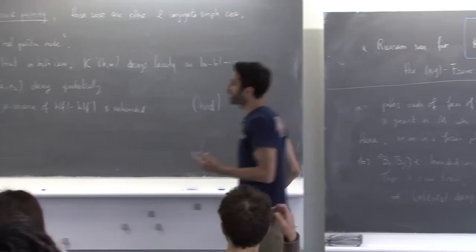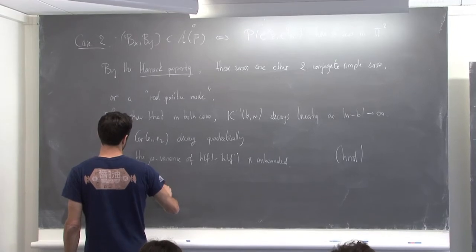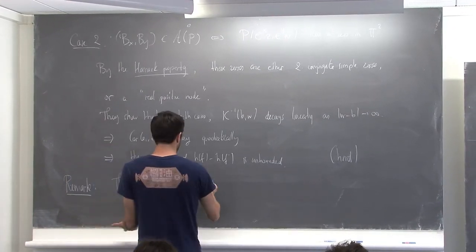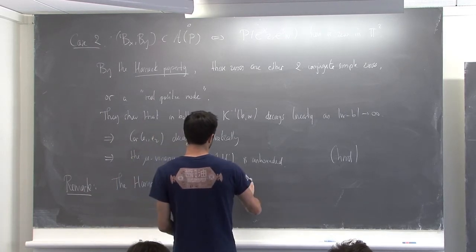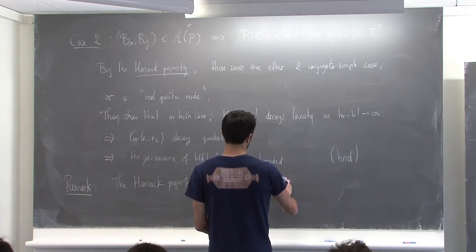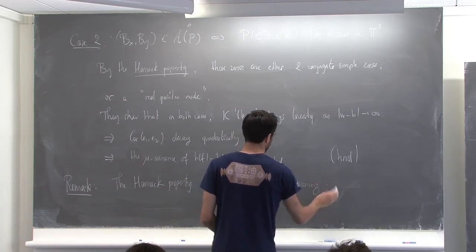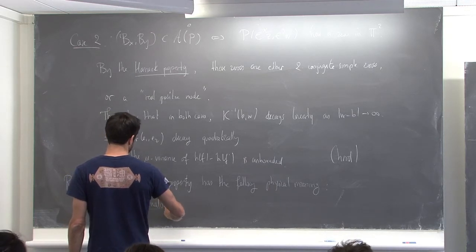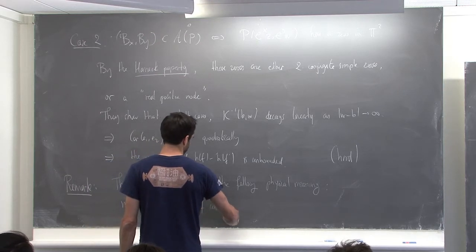So actually, it means that the Harnack property has the following physical meaning: you have no anomalous decay of correlation.